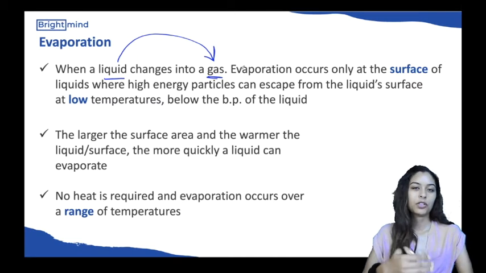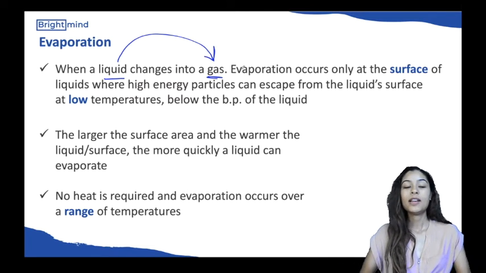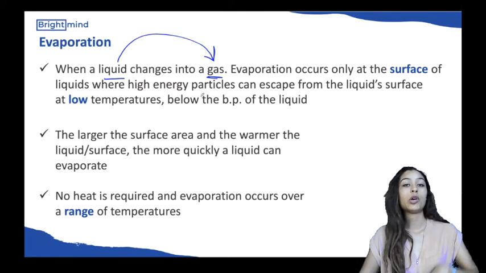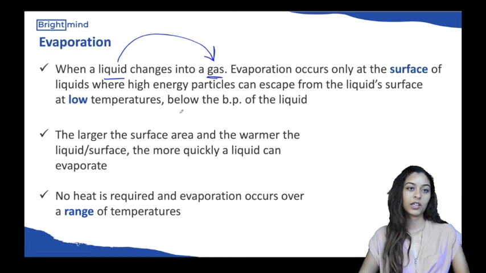So be able to differentiate this from boiling, because we know boiling takes place throughout the liquid. However, evaporation only takes place at the surface of the liquid, and these high energy particles are able to escape from the liquid surface at low temperatures. So it occurs below the boiling point of the liquid.